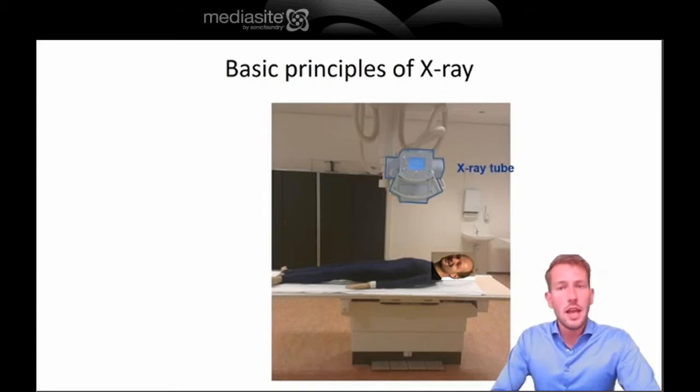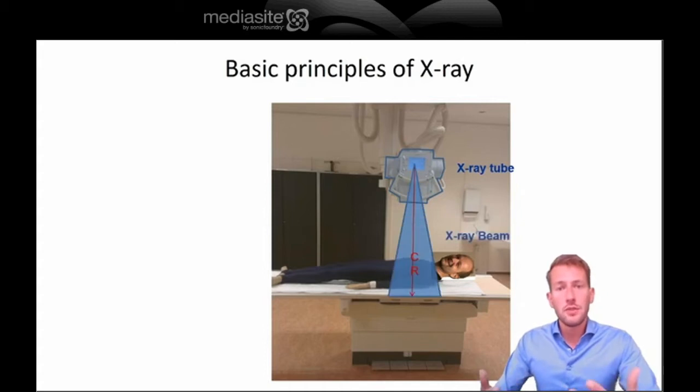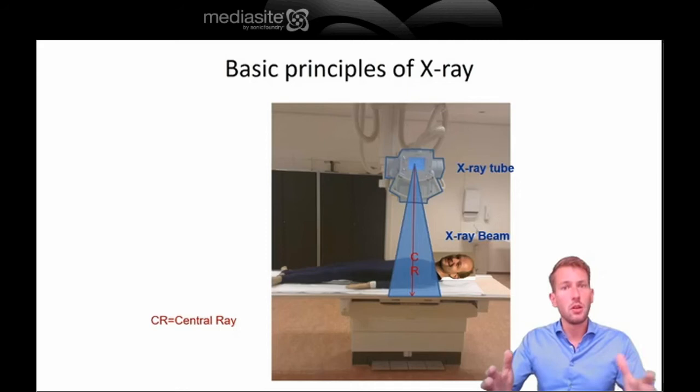In blue, you can see the X-ray tube, the handle and its block below. Behind the handle, that is the diaphragm, which is used to make the field smaller or wider. Out of the tube comes the beam or bundle of X-rays, which passes through the patient and falls on the detector, which is depicted here.